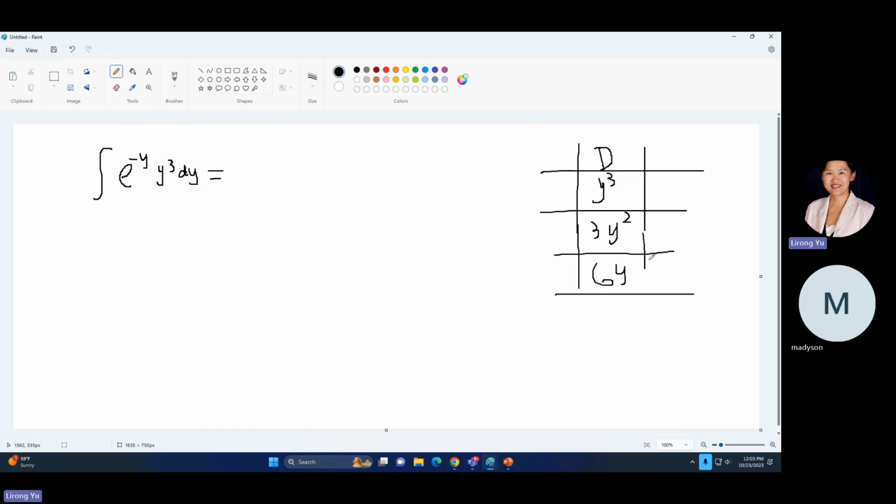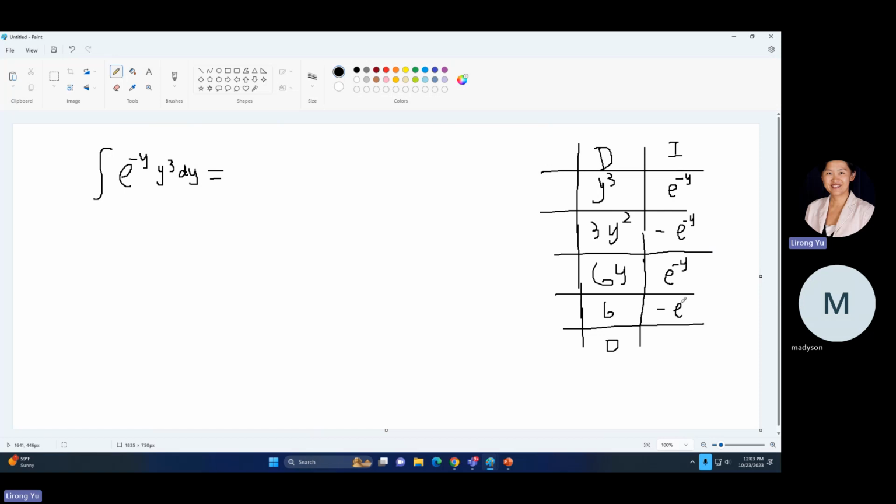Differentiate one more time, it's going to be 6, and differentiate another. So basically keep finding the derivative. That's where we stop, right? The other part we're supposed to integrate. So you have e to the negative y. If you integrate it, it's going to be negative e to the negative y. If you integrate it one more time, it's going to be positive e to the negative y.